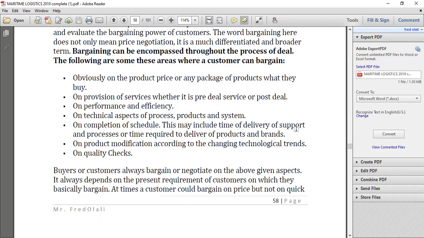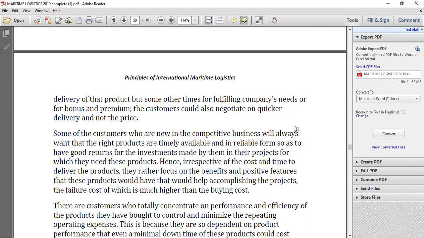So it always depends on the present requirement of customers on which they basically bargain. At times the customers could bargain on price, not on quick delivery of the product, but some other times for fulfilling the company's needs or for bonus and premium.